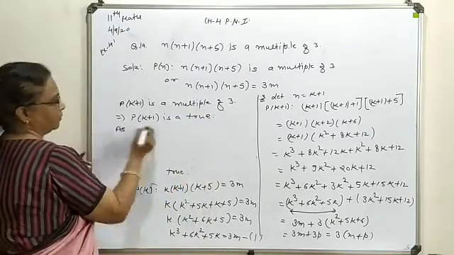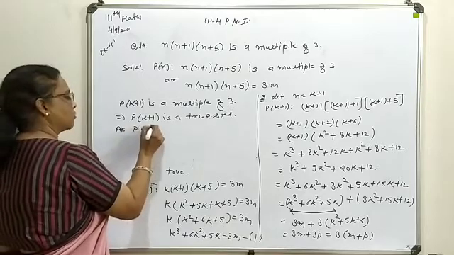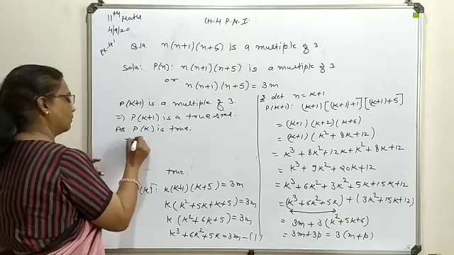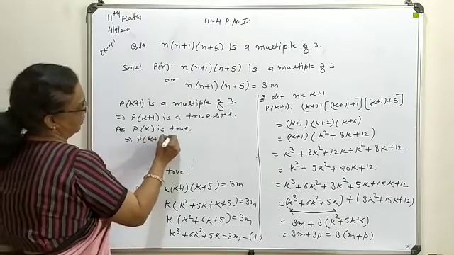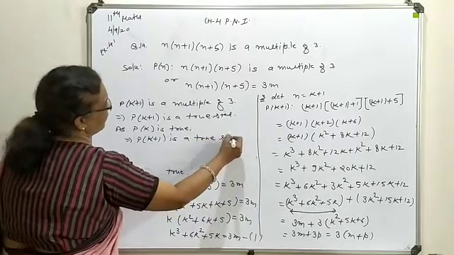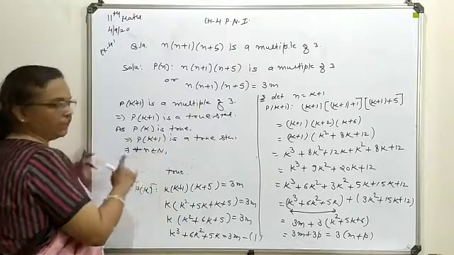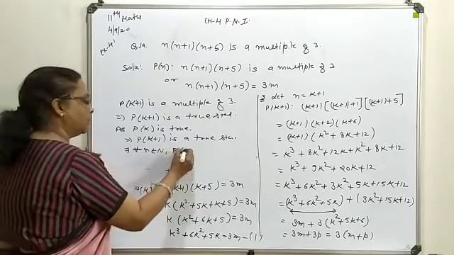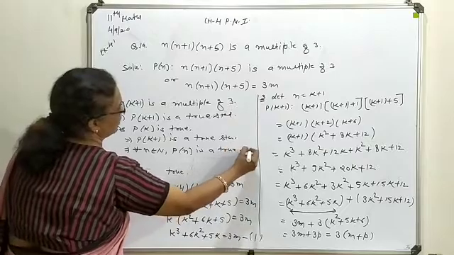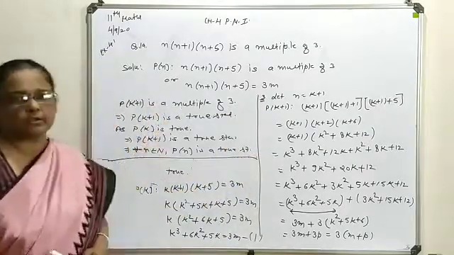So as Pk is true, Pk plus 1 is coming out as a true statement. So conclusion we can write that for all n which belongs to natural numbers, Pn is a true statement. So this way you can write this type of solution.